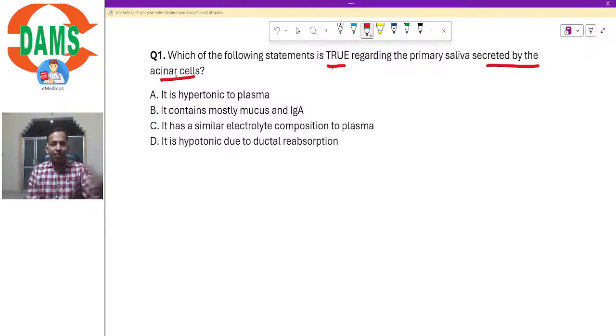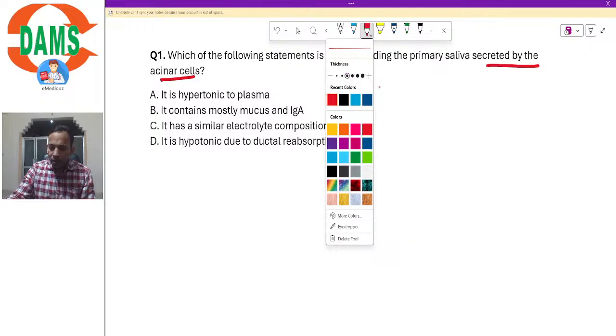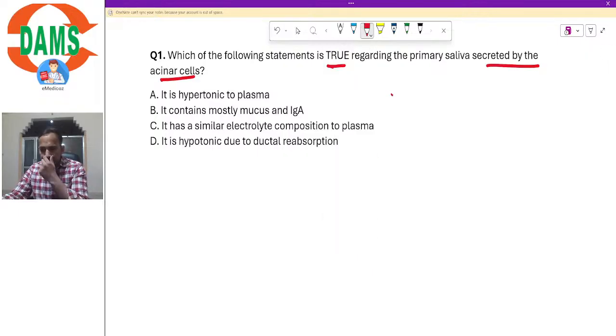If it is flowing rapidly, then we don't have sufficient time for reabsorption of sodium, right? So it is not that potassium always increases and sodium always decreases. Sodium decreases, potassium increases only when there is a reduced salivary flow. If there is a rapid salivary flow, sodium will increase, potassium will decrease. Is it clear?